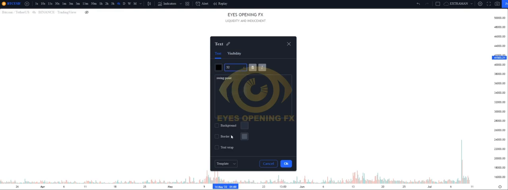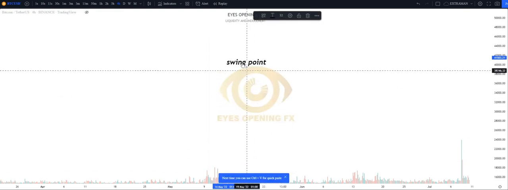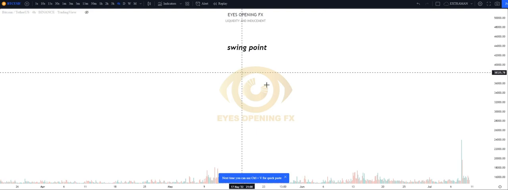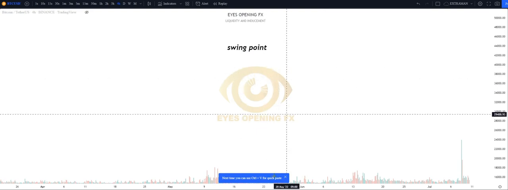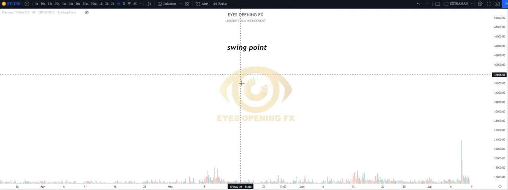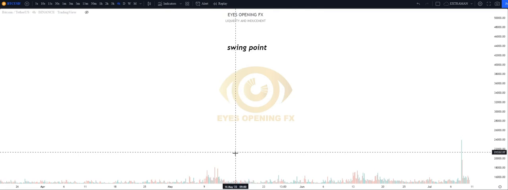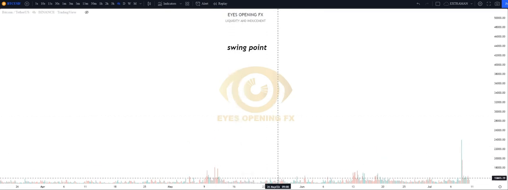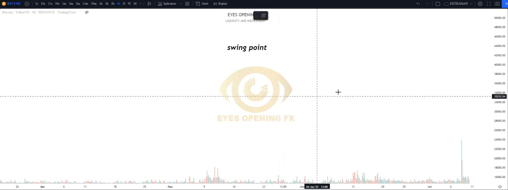In forex, it doesn't actually need much definition. It's more of practical understanding. So what do we mean by swing point? A swing point is a low or a high before the market reverses.